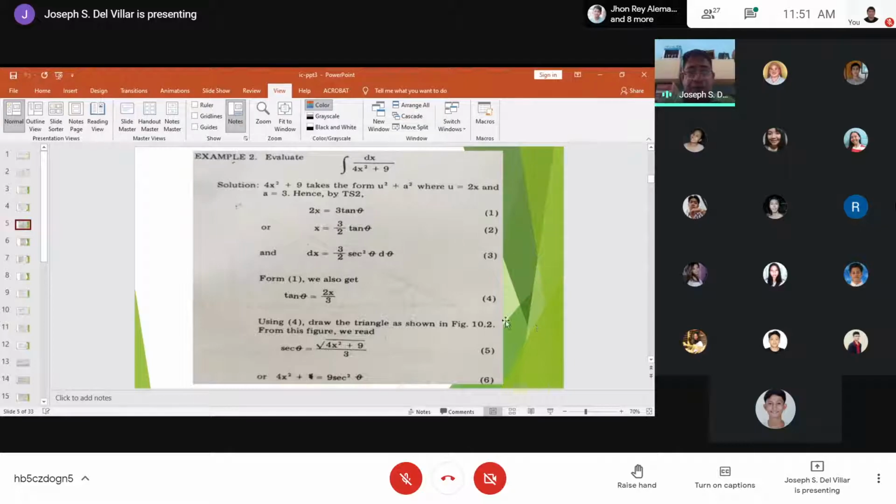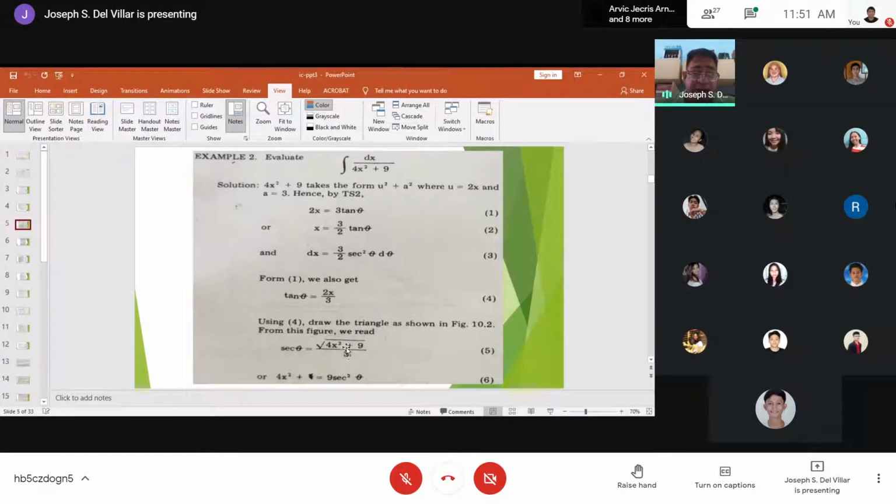The given has no radical, right? But based on the right triangle, it is the hypotenuse, so it has a square root, 4x squared plus 9. So how do we get it without the square root? Multiply this first by 3 so that the 3 moves to the secant, so it becomes 3 secant theta. Correct?